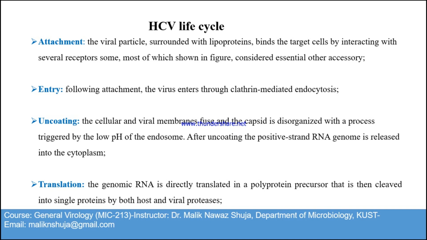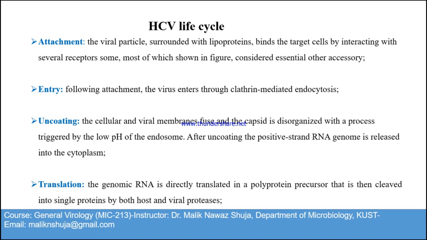For the attachment or absorption, the HCV virus always enters the host cell by attachment. The E1 and E2 proteins recognize and bind with the CD81 receptor present on the surface of hepatocytes and lymphocytes.